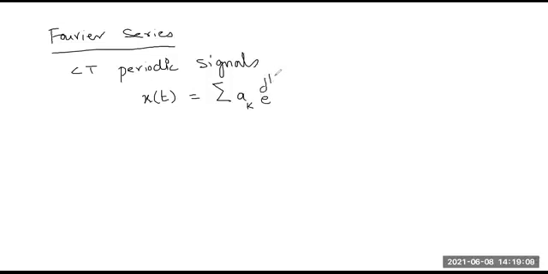So for continuous time periodic signals, the two equations that are part of Fourier series are as follows. If x of t is a continuous time periodic signal, we can make use of this equation, which is known as the synthesis equation. With the help of this equation, we can represent essentially all periodic continuous time signals.